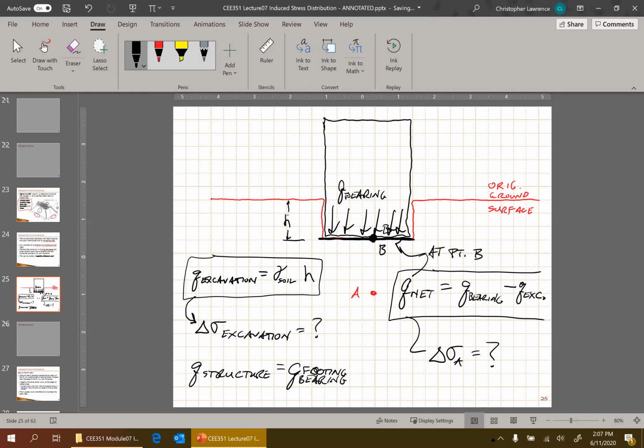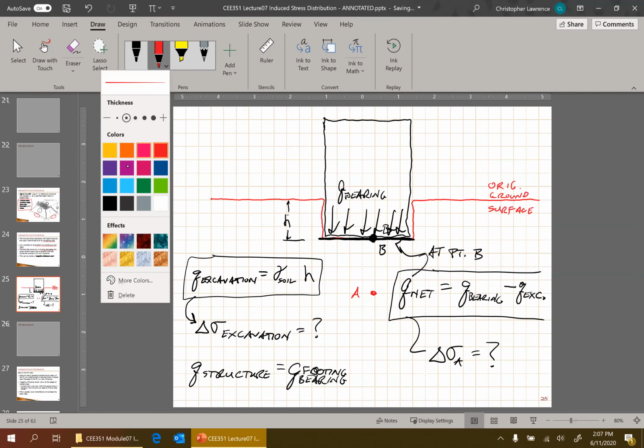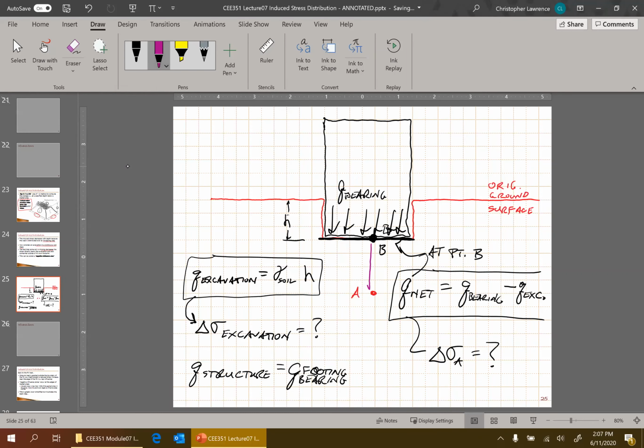So in the exact same location, both of them are applied at point B, not the original ground surface. We have first the excavation, which is like a negative bearing pressure because soil was removed.